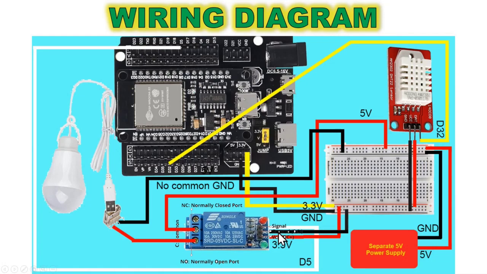The signal pin of the relay is connected to digital pin number 5 of the ESP32 expansion board, which is this one, digital pin number 5.